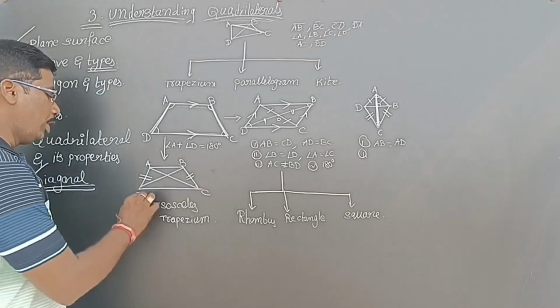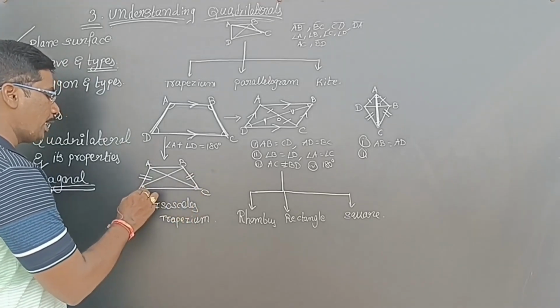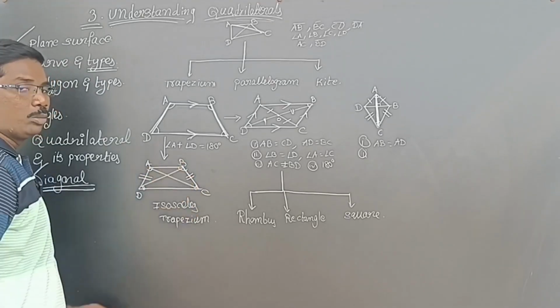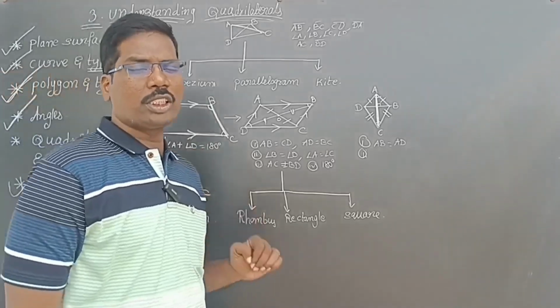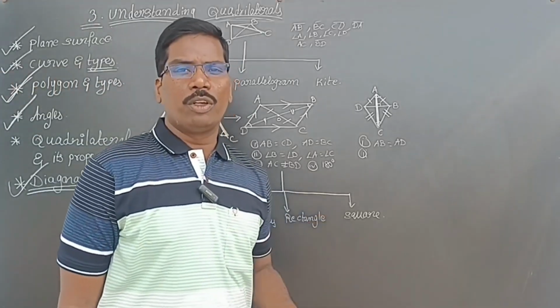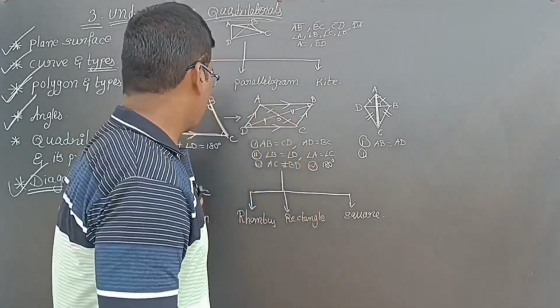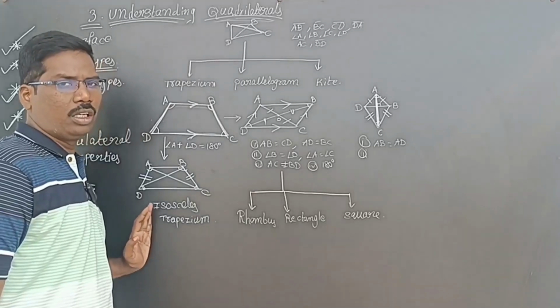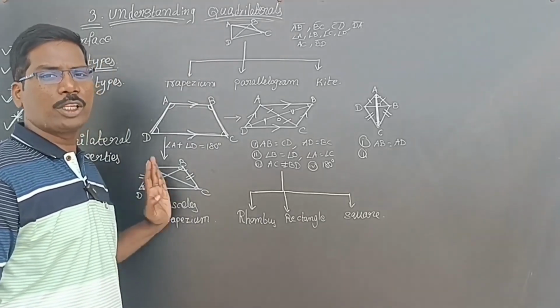In an isosceles trapezium, these are the bases, so base angles are equal. That is the most important point in the isosceles trapezium.